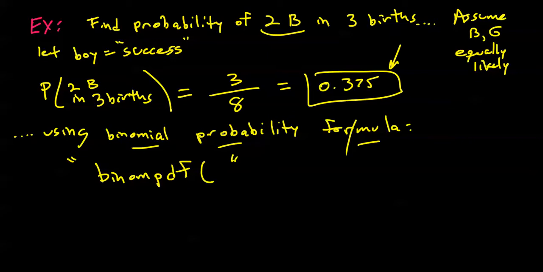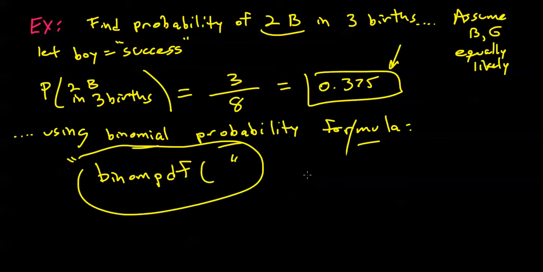Let me show you where to find this command on the TI-83. Get your TI-83s out and hit the second level button, the gold button in the top left corner. Hit second and the VARS button to invoke the distribution command.